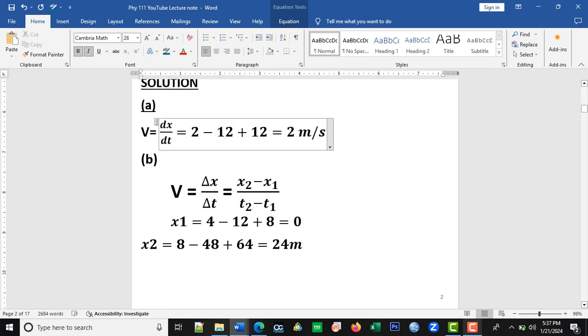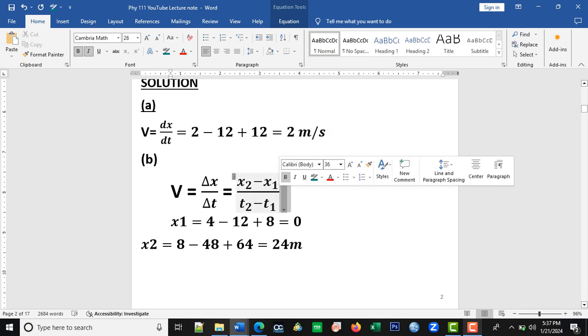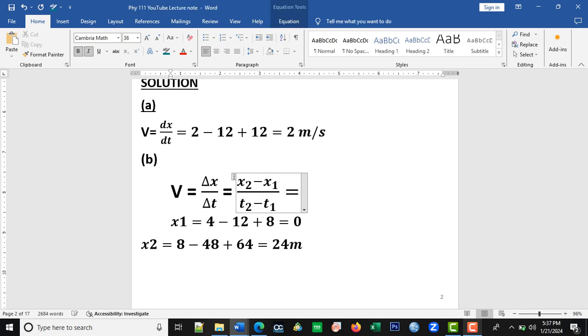Can you see what I'm trying to say? x2 here is 24 and x1 is 0. So in this equation, x2 minus x1, we will have 24 up there.